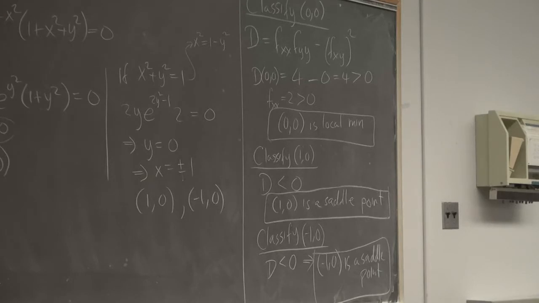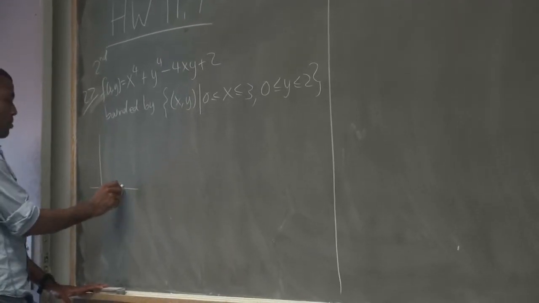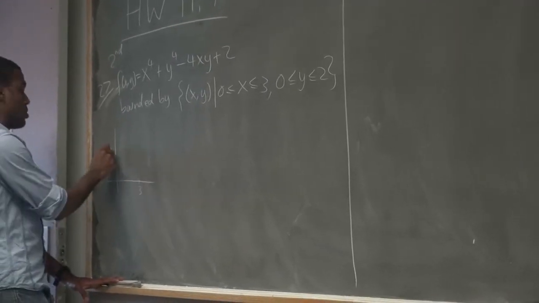And it's bounded by the region: for x it's 0 to 3, for y it's 0 to 2. So you need to find the absolute maximum, I suppose. Right, so this is again one of the problems where you need to check boundaries, so 0 to 3, 0 to 2.